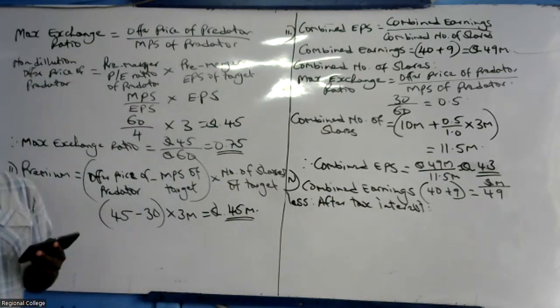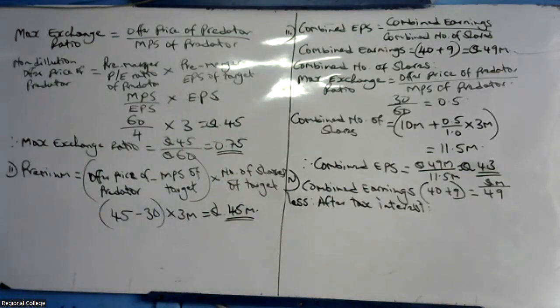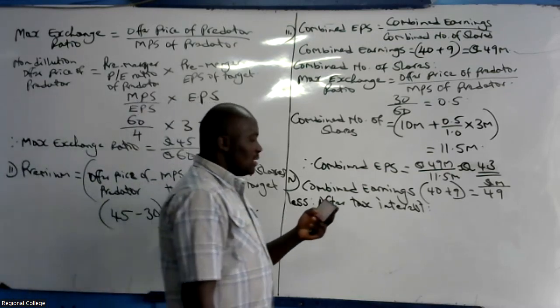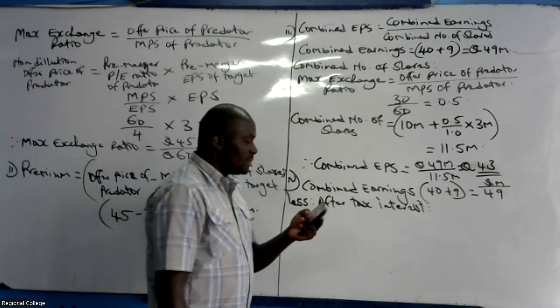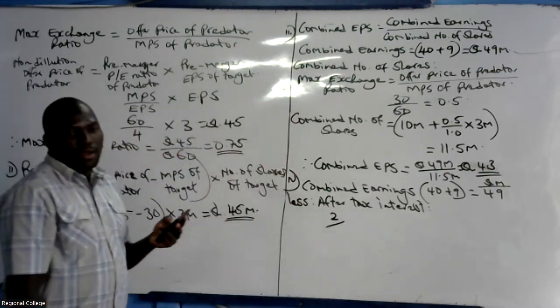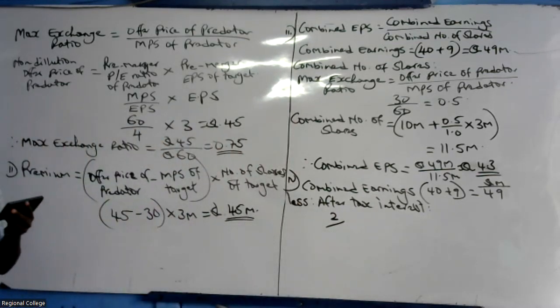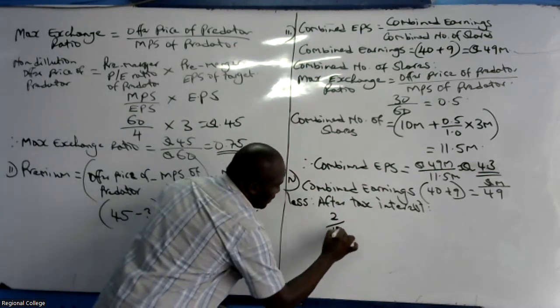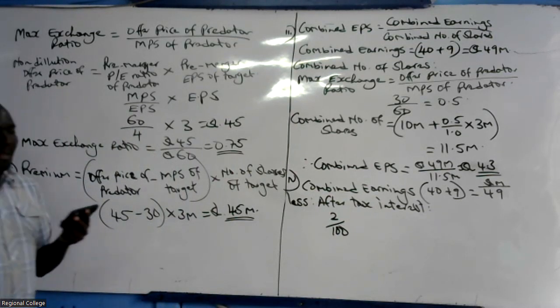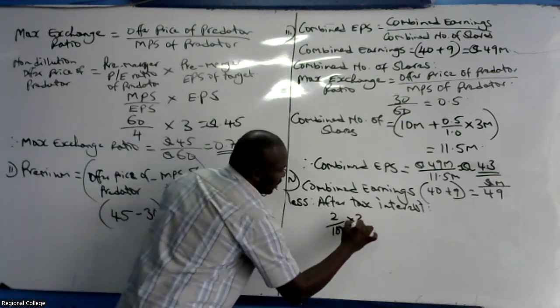Now, let us start by asking ourselves how much additional interest we are going to pay. Now we are giving out how many debentures? We are giving out 2 debentures for how many shares? For 100, right? So giving out 2 debentures for 100 shares. Out of how many shares that they have in total? Out of the 3 million shares.